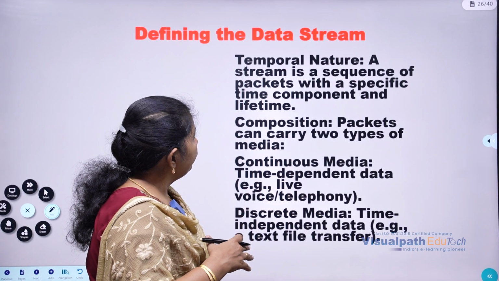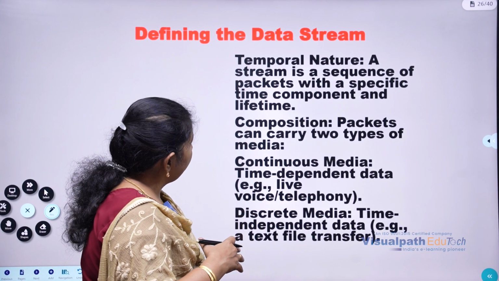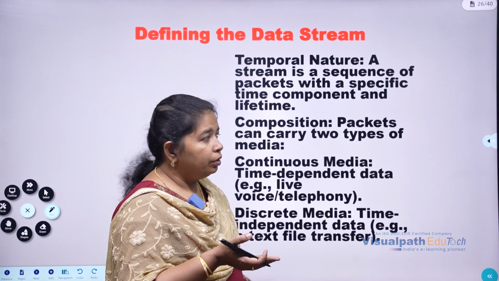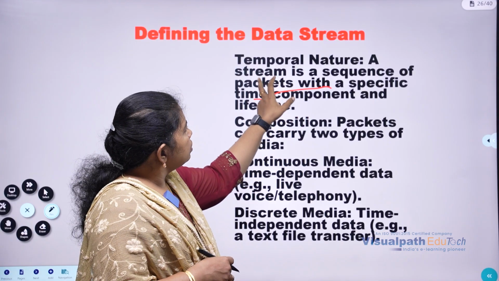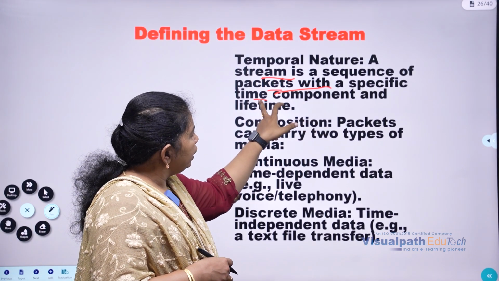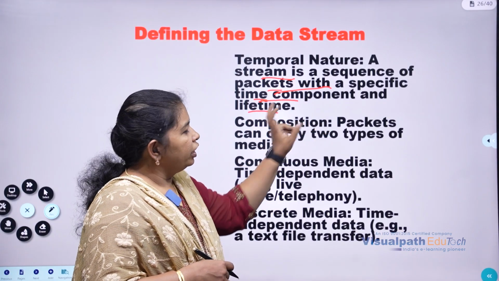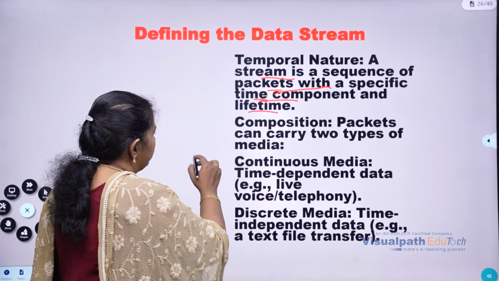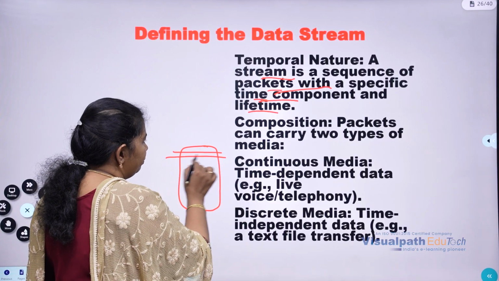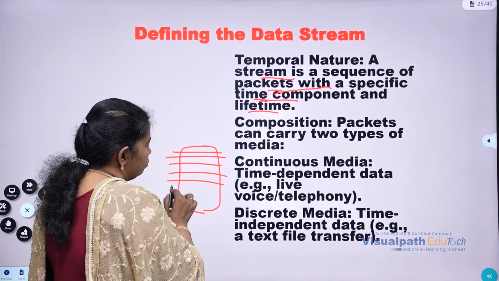So now we are going to see about the data stream. So what is a data stream? Already I have told you about the data stream. The temporal nature of this is: a stream is a sequence of packets with specific time components and a lifetime. So what it is saying is, if it is a picture, the picture will be broken into small pieces.